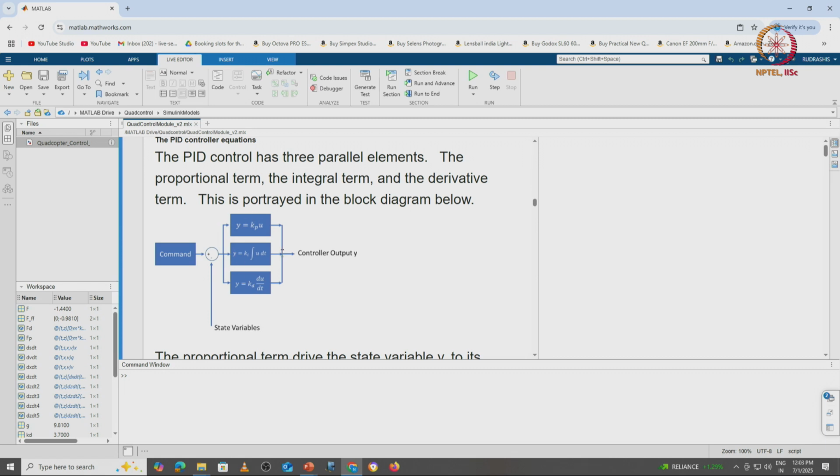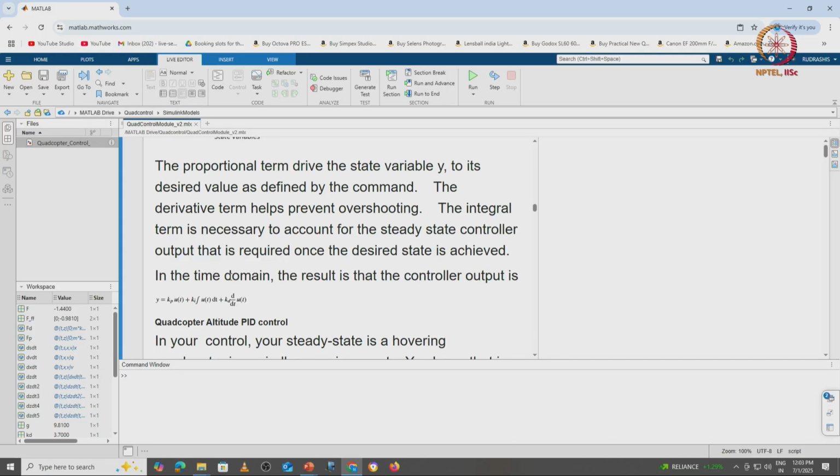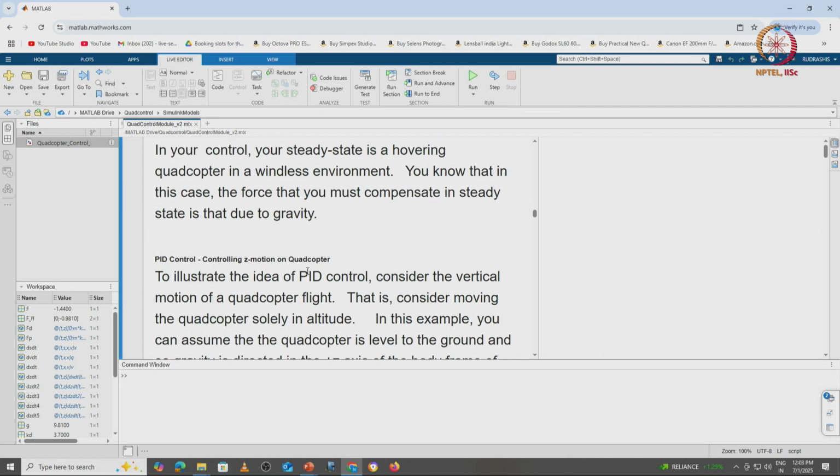I have the integral term, I have the derivative term, and the output is my controller output, which is basically U, which goes as an input to my plant. If I realize this in equation form in the time domain, the control input U depends on proportional gain Kp, integral gain Ki and derivative gain Kd, and on the error which goes as an input to the control system.